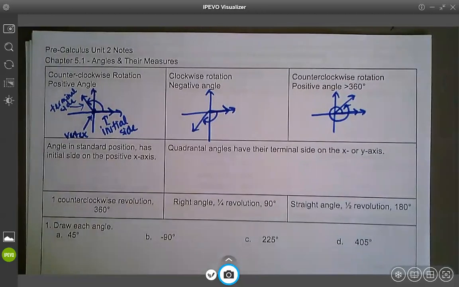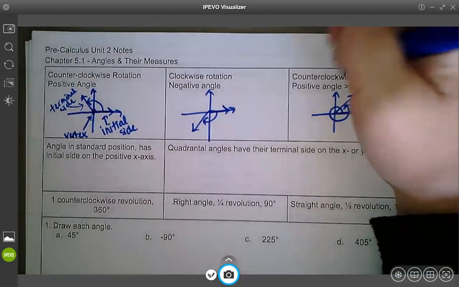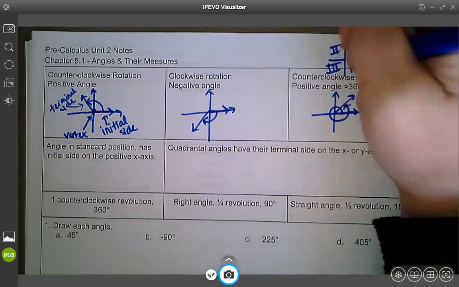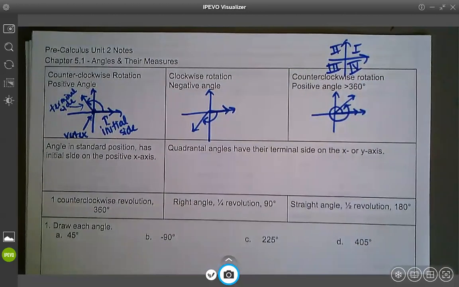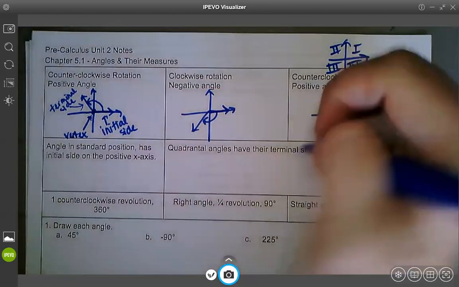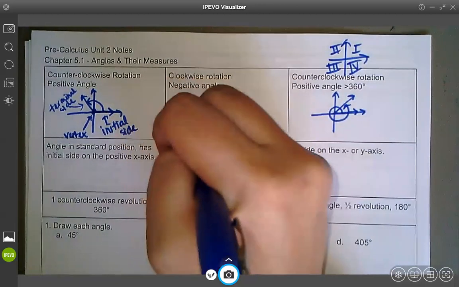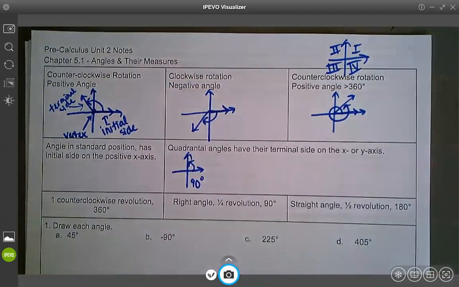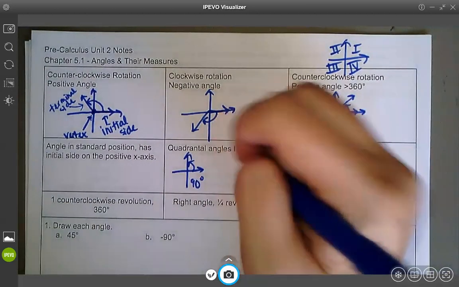Quadrantal angles, you know, the coordinate plane has quadrants. Remember, your quadrants are 1, 2, 3, and 4. Quadrantal angles are on the axes. So this here would be a 90-degree angle. That would be the first quadrantal angle.